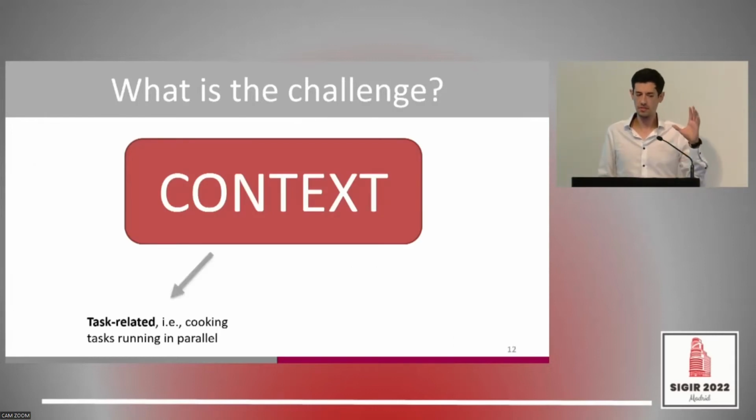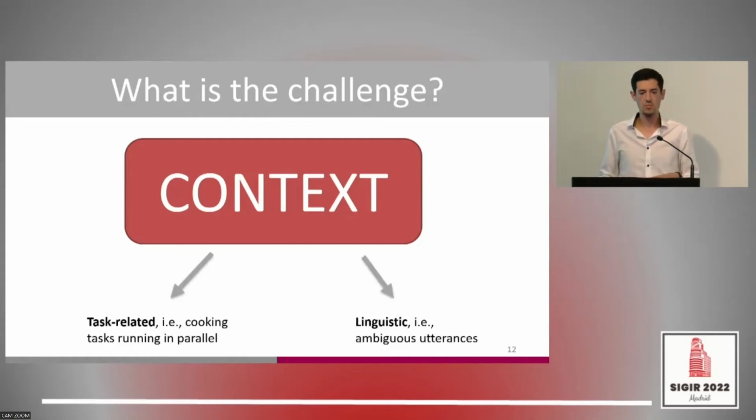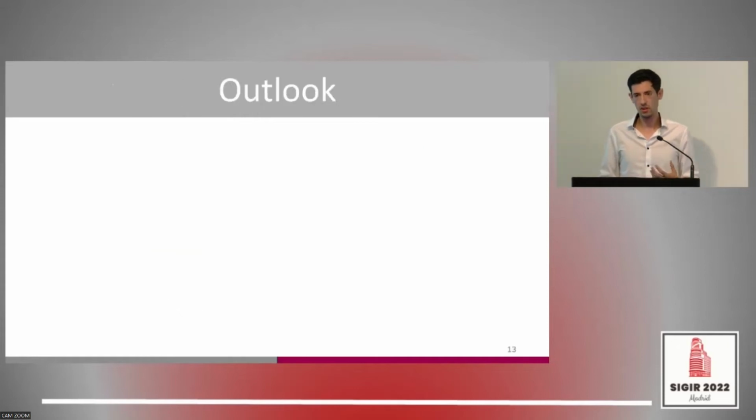We have these task-related contexts, such as cooking tasks that are running in parallel while you're preparing the meal, but also, since we have human-human conversations, there's a lot of linguistic context going on, such as ambiguous utterances. So what are the next steps?